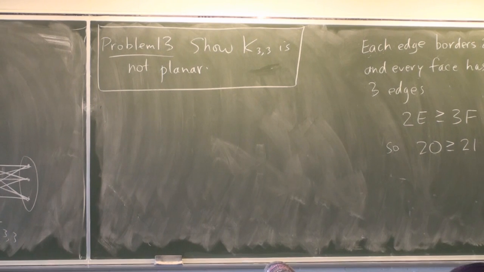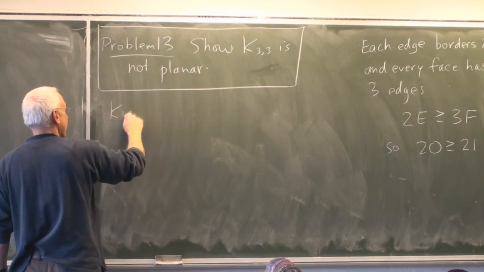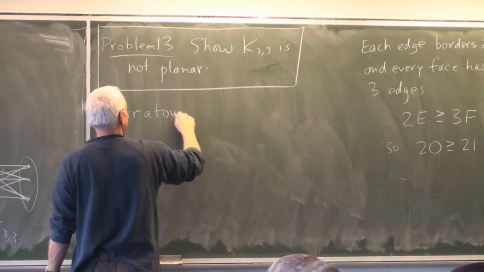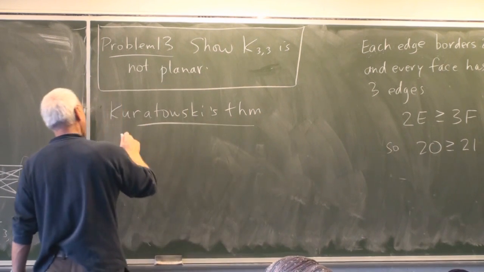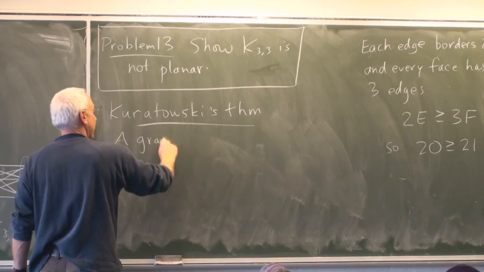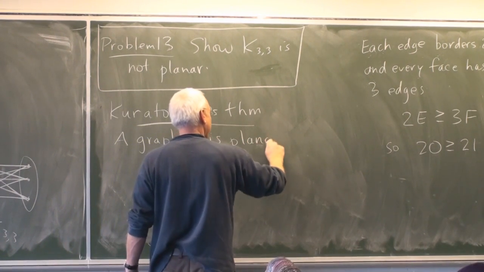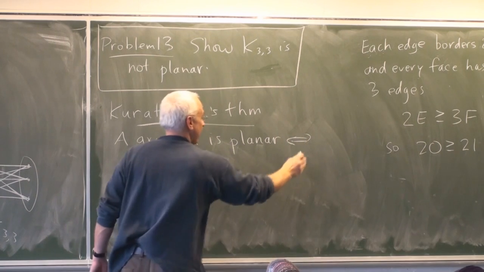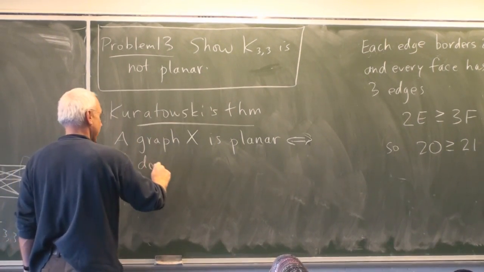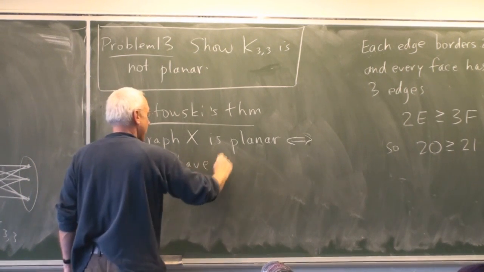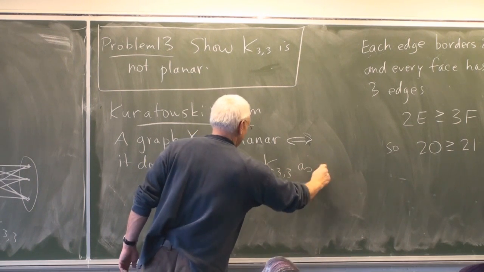The importance of these two particular examples is due to a famous theorem called Kuratowski's theorem, which is that a graph X is planar precisely when it does not have K5 or K33 as a subgraph.